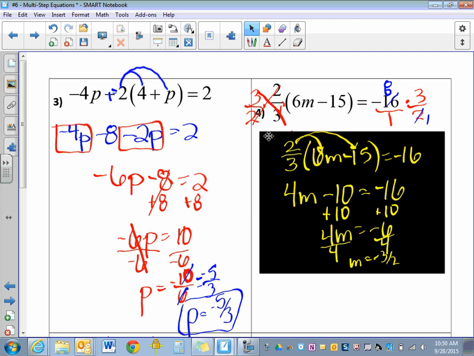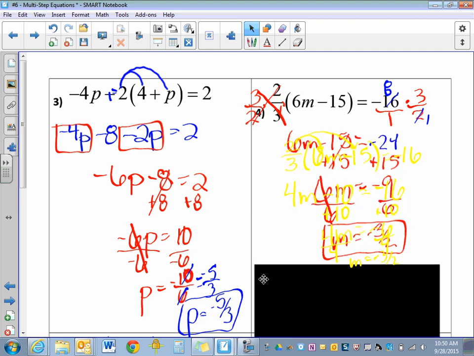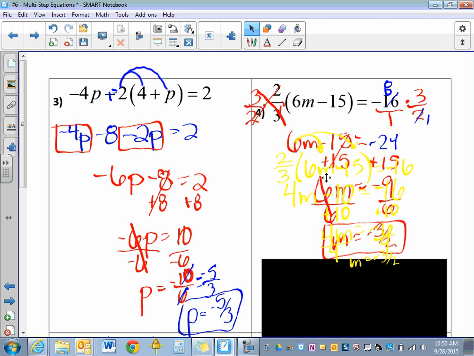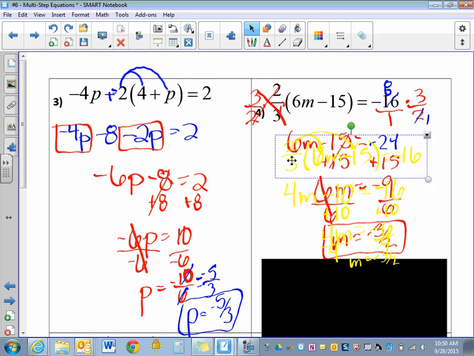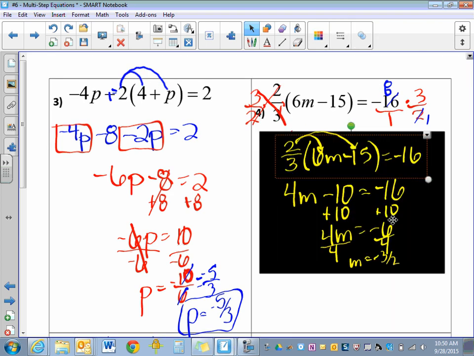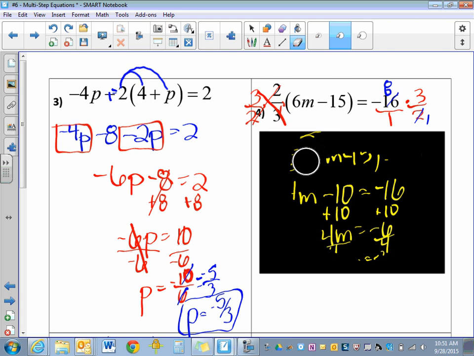Let me move this down. Alright, so again, you can distribute out that fraction, or you can multiply by the reciprocal.